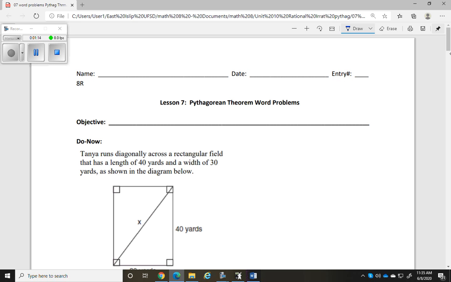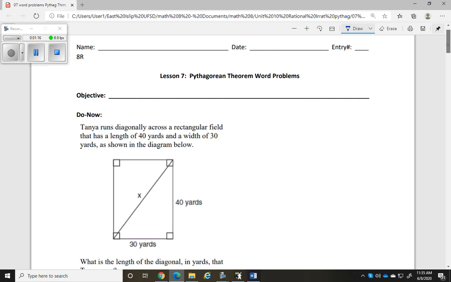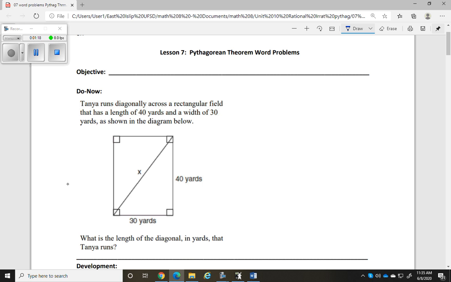So the do now is a word problem, but the diagram is drawn for us already. It says that Tanya runs diagonally across a rectangular field. So you see a rectangular field here, and then this diagonal line is her running across the field. And it says across a rectangular field that has a length of 40, so the length of the field is 40, while the width is 30.